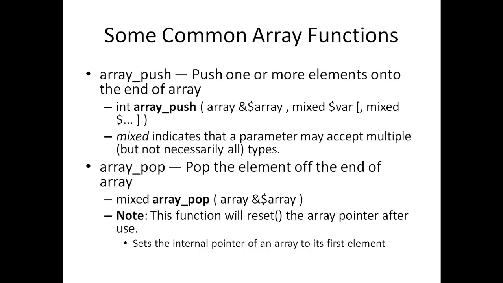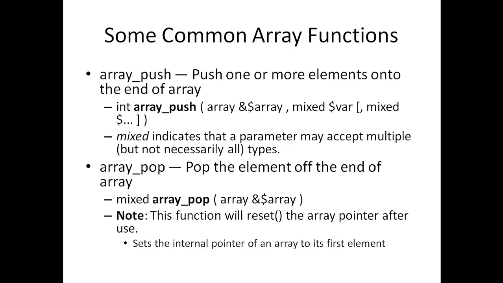Okay. You also have array pop, which pops the element off the end of the array, which returns a mixed. Because whatever the element is, it could be an integer, it could be a string, it could be another array. It could be a MySQL result. Anyway, so you have mixed array pop, and it takes an array by reference.